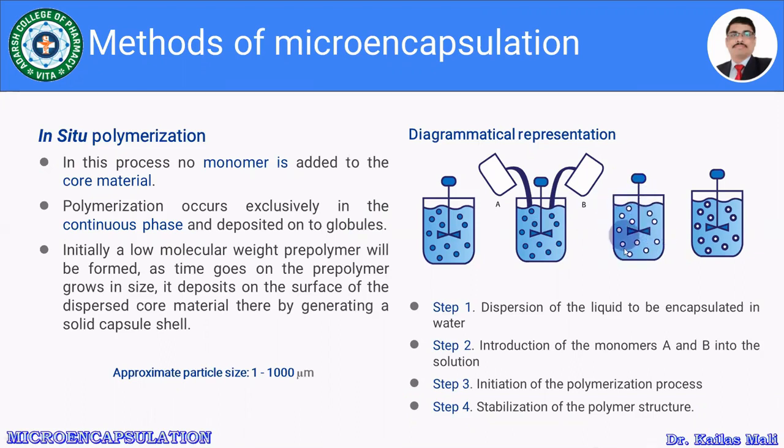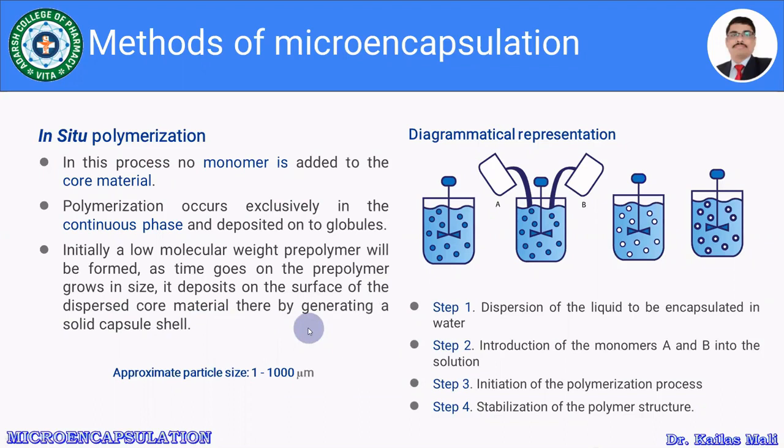Furthermore, we stabilize the formed microcapsules, then isolate them, wash them, and dry them. Initially, a low molecular weight pre-polymer will be formed. As time goes on, the pre-polymer grows in size and deposits on the surface of the dispersed core material, thereby generating a solid capsule shell.